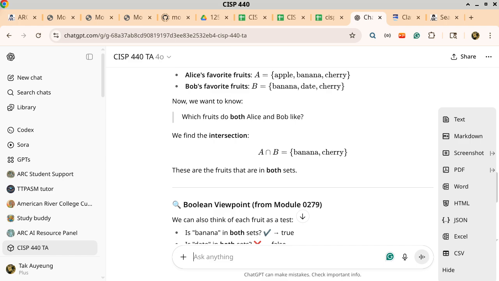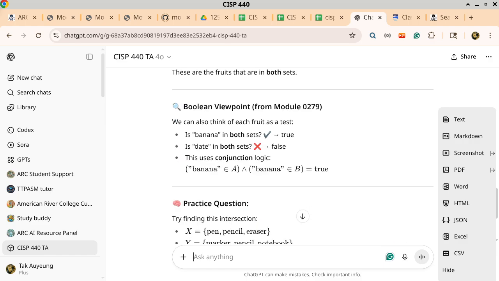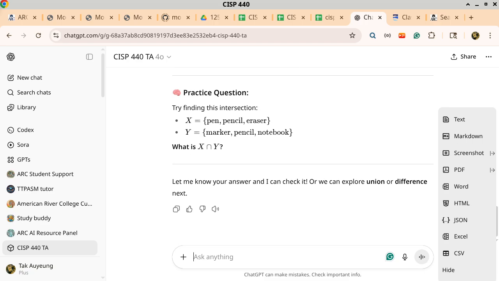I'm hoping that you guys are starting to see how the custom GPT can be helpful because it is using the material that you are supposed to be reading. Note the words "supposed to be." It even references back to module number 2, so that helps a little bit: where did we talk about this? It's in module 0279. And it will leave you with an example: try to find the intersection of X and Y.